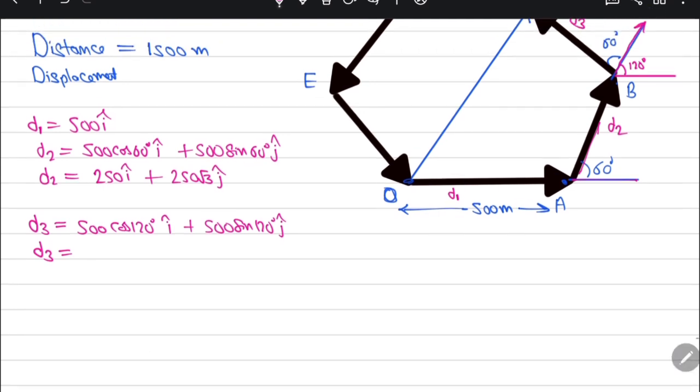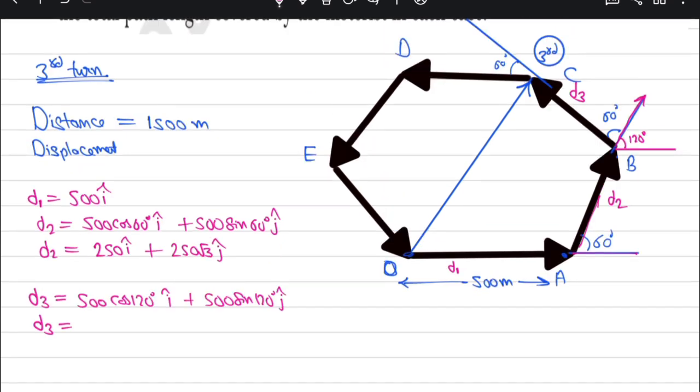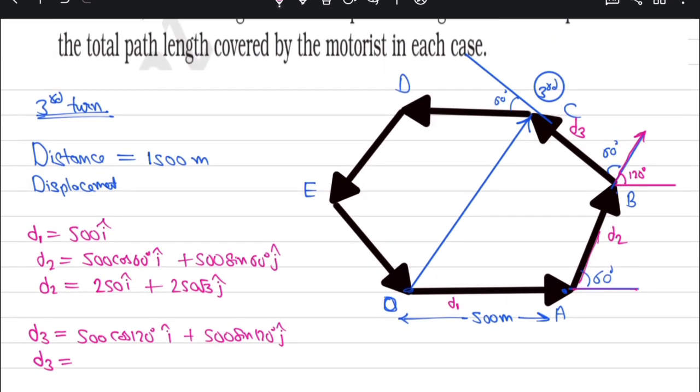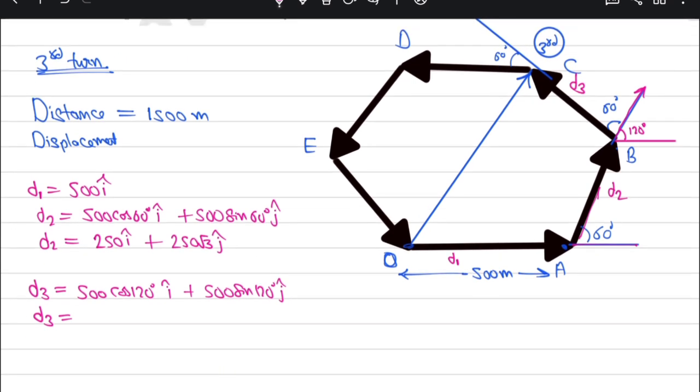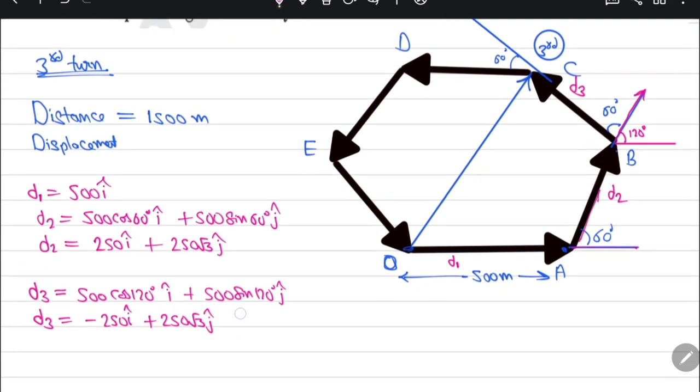They take every 60-degree turn. Cos 120 means cos 90 plus 30, which is minus sin 30, means minus 250 i cap, and sin 120 means sin 90 plus 30, which is cos 30, means 250 root 3 j cap.